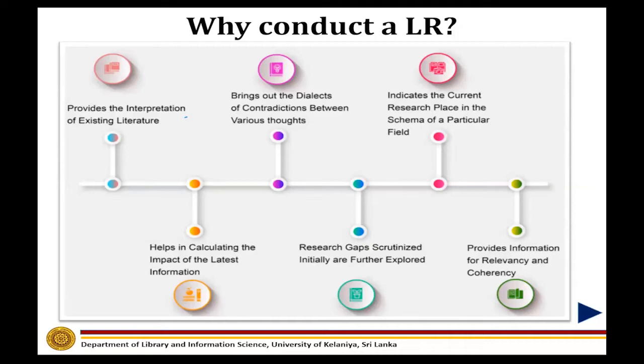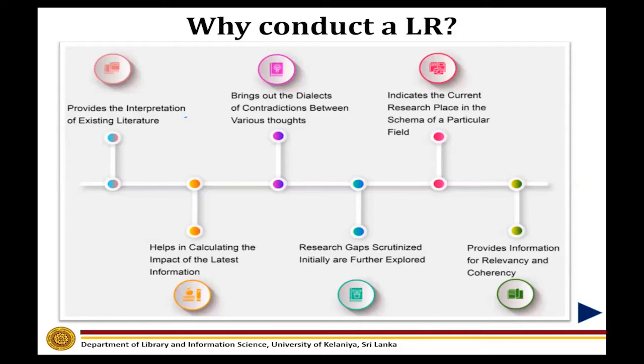Then we will be able to identify the research gap very clearly in the same area, according to the same subject topic. So we know what has already been conducted and what the lacking area is. We need to identify those lacking areas as well while we are conducting the quality literature review.